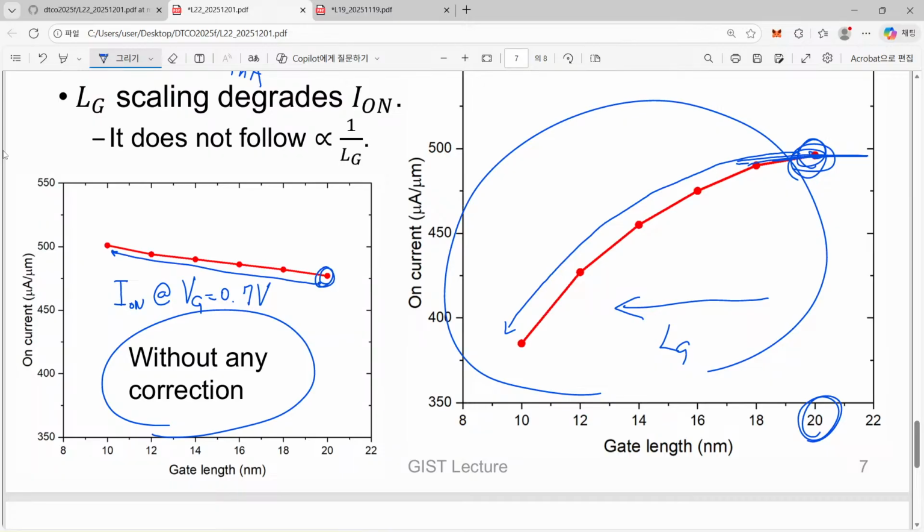Not like twice, but a slightly increased value is obtained. However, it does not show that this device performance is improving, because this increase is related with severe degradation of our off current performance.